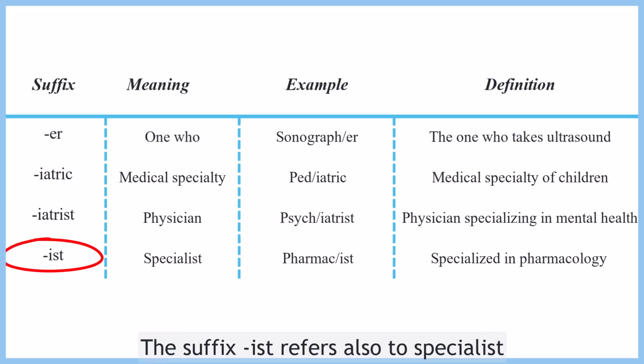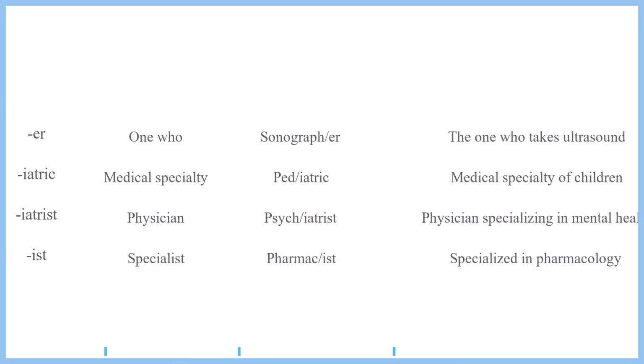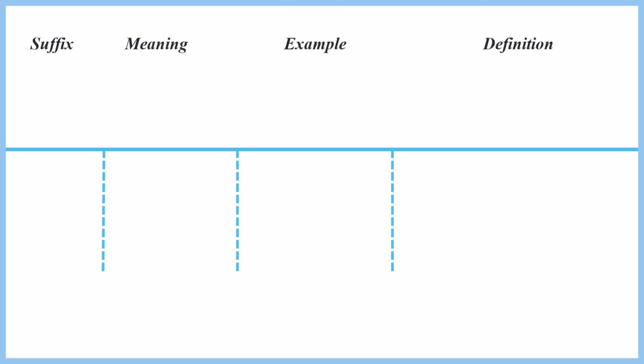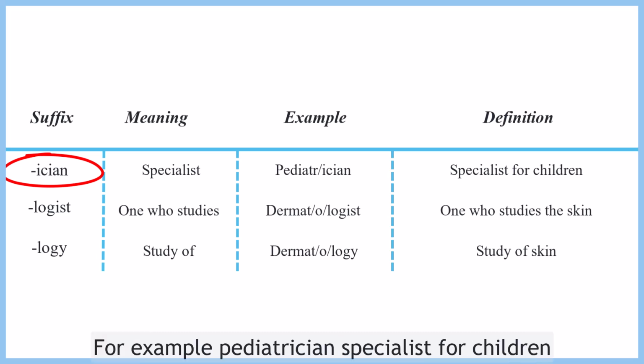The suffix ist refers also to a specialist, for example, a pharmacist. The suffix ician refers to specialist, for example, pediatrician, specialist for children.